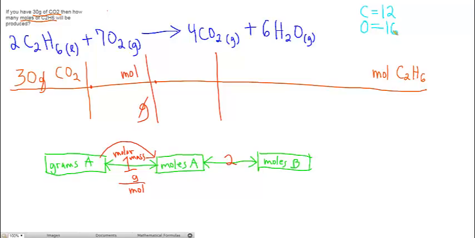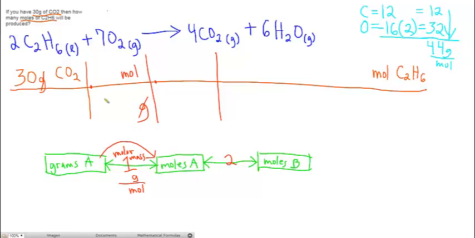And we have 2 oxygens, so we've got to multiply our oxygens by 2. So we're going to be left with 12. 16 times 2 is 32. And we're going to add those together down this way. 2 plus 2 is 4. 1 plus 3 is 4. 44. And this is going to be 44 grams per mole.